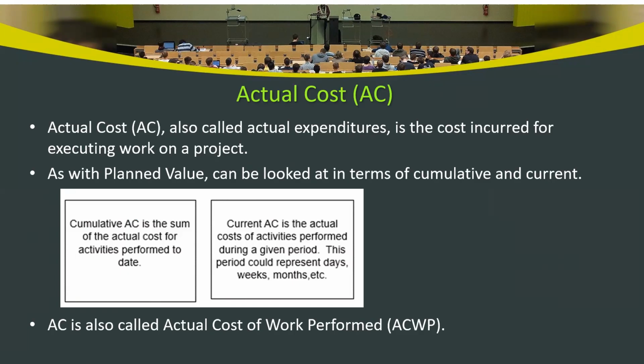And this can be cumulative also. It could be current, could be cumulative. If we are talking only about a certain month, it is called periodic or current AC. If we are looking at everything up to a certain point, it's cumulative.